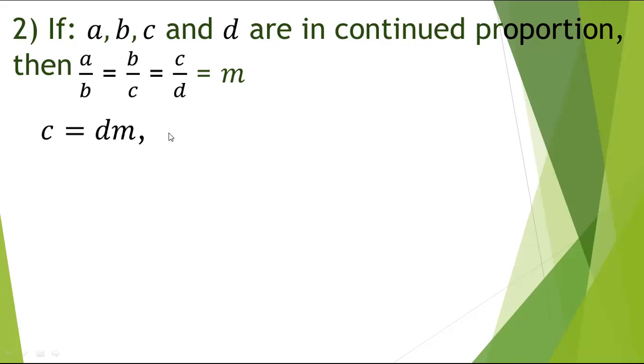Then we can write the key of our solving today. C equals Dm. I said start by the ratio beside the constant. Then B equals Dm power 2, and A equals Dm power 3.